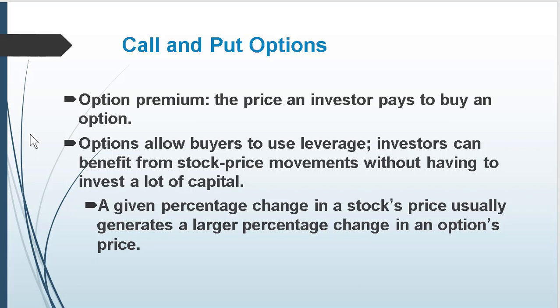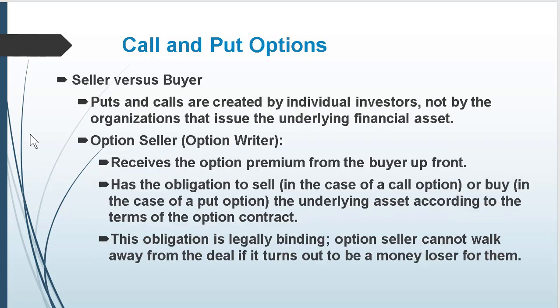If the stock price goes from 100 to 110, your option value goes from $1 to $11. So you made $10 on a $1 investment. That is what we refer to as leverage. A given percentage change in the stock price creates a bigger percentage change in an option's value.